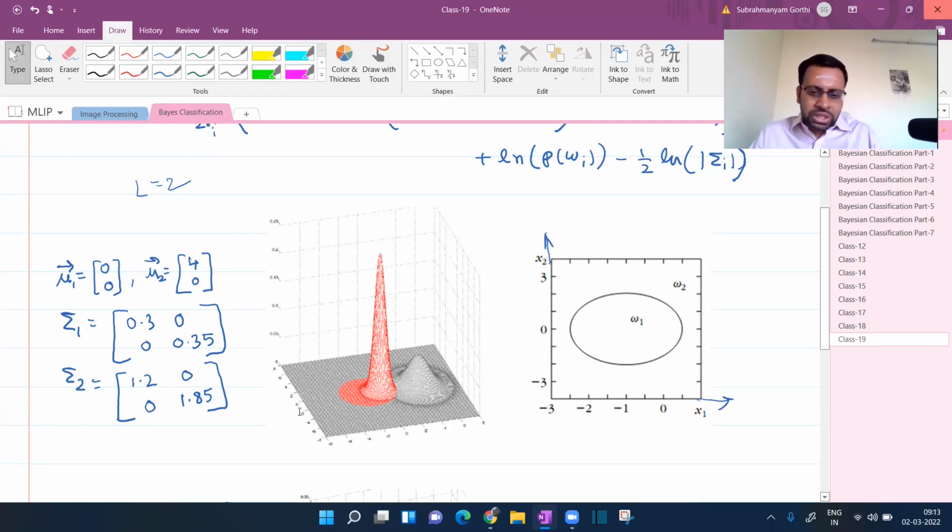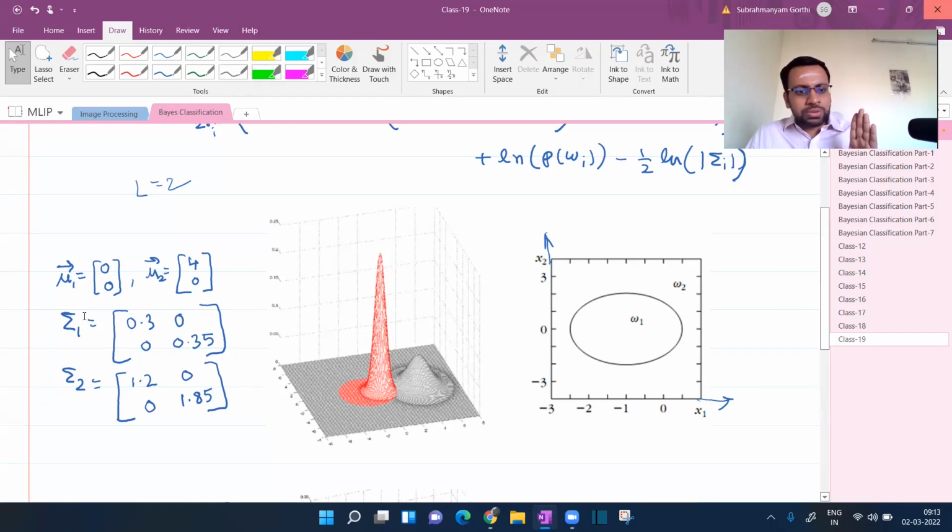For class 2, the mean is at (4, 0), x1 equal to 4 and x2 equal to 0. The covariance matrices are diagonal. That means among the components of the feature vector, they are in fact statistically independent. That's what this tells us, right?